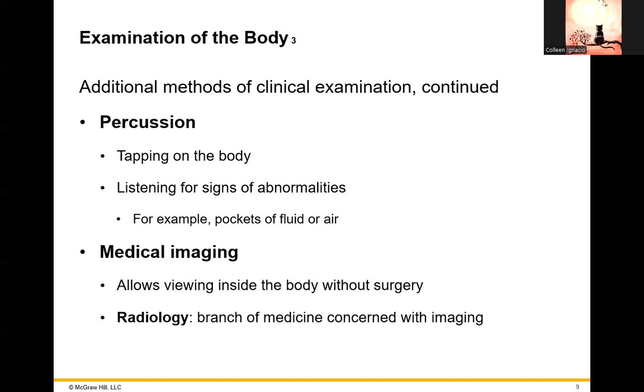We're looking to see, for example, is the lung resonant, which is normal, or is it hyper-resonant, which is an abnormal finding that you find in COPD patients, patients that have chronic obstructive pulmonary disease. So percussion is one of the methods that we use when we are clinically examining a patient.